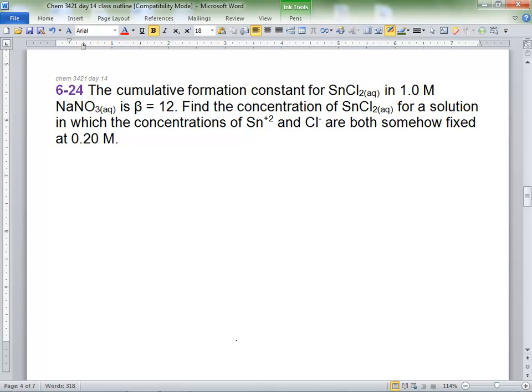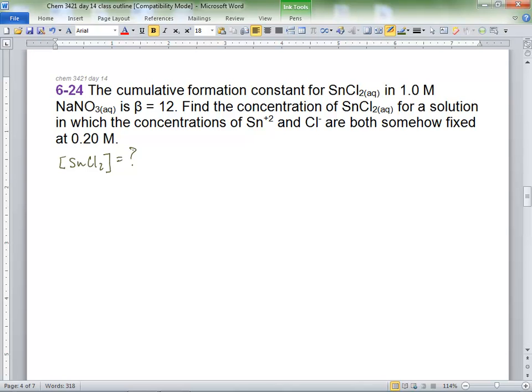Find the concentration of tin 2 chloride for a solution in which the concentrations of tin and chloride are both somehow fixed at 0.2 molar. So out of all that, what do they want to know? The concentration of SnCl2. To me, it helps just to do that.